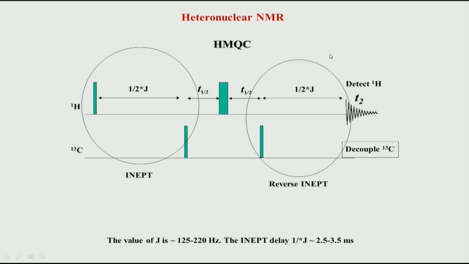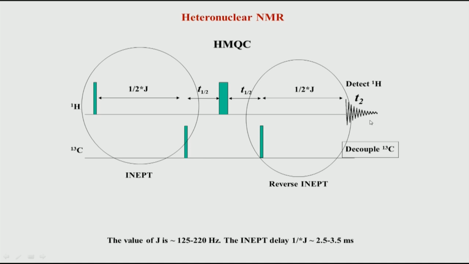Then you have a reverse transfer back like we saw in HSQC. Again it does not look similar to HSQC, but it is a polarization transfer back to proton using J coupling. So, let us call this the reverse INEPT, and in between is where the evolution or chemical shift of carbon takes place, and that is what is captured as the FID in the indirect dimension. So, this is very similar to the way we looked at HSQC: we transfer polarization from hydrogen to carbon, we evolve the carbon, then go back to proton and detect the proton.